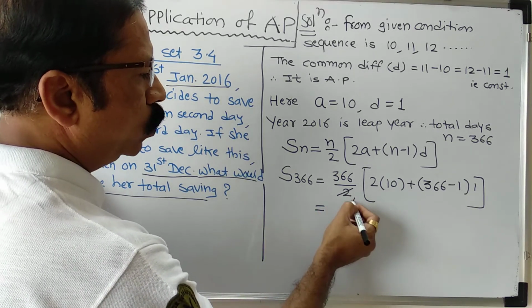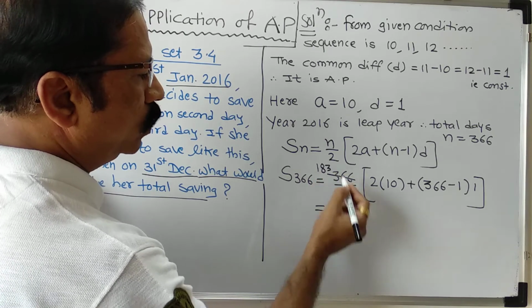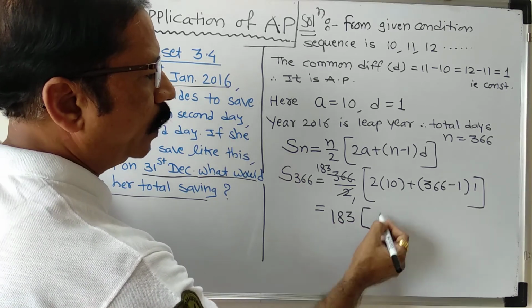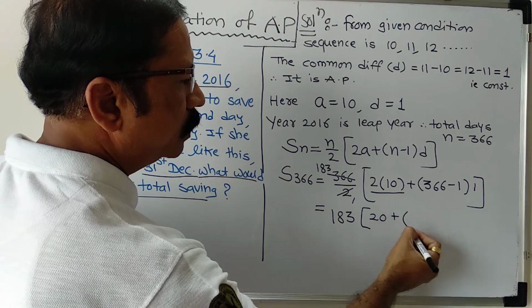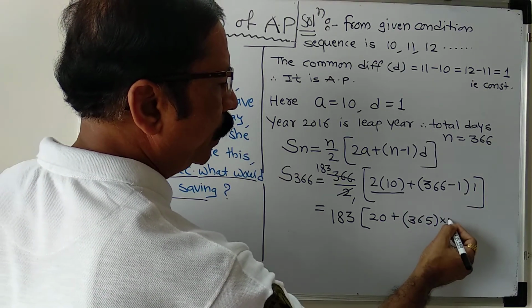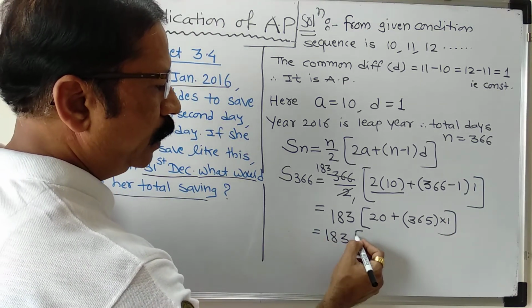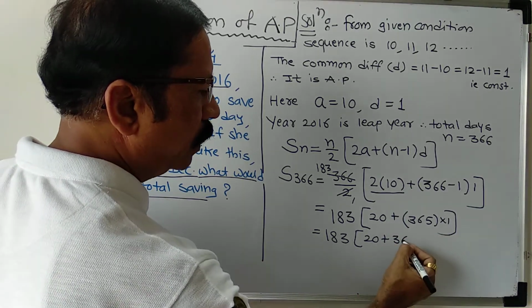Here you will get 2 1s are 2, 2 8s are 16, 2 3s are 6. So 183 into bracket 2 into 10 gives you 20 plus 366 minus 1 gives you 365 into 1. So we got 183 into bracket 20 plus 365 ones are 365.